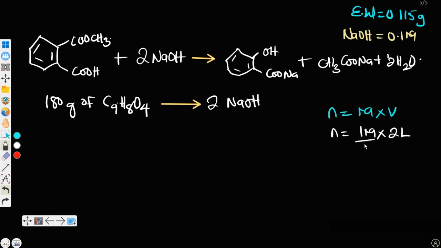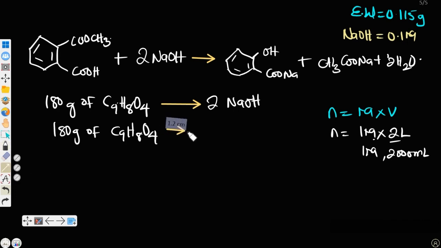Now, this is 1 molar, and 2 liters is still the same as 2000 milliliters, right? So we have 180 gram of C9H8O4 to give 1 molar, 2000 milliliters of sodium hydroxide.